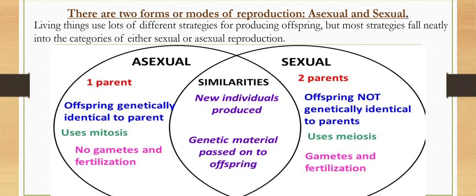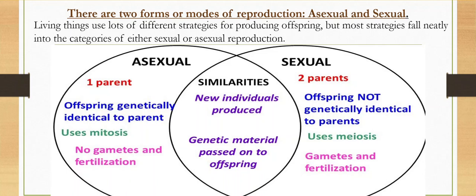We'll quickly go through the differences and similarities between asexual and sexual reproduction. In asexual reproduction only one parent is involved. In sexual reproduction, two different individuals are involved as parents.